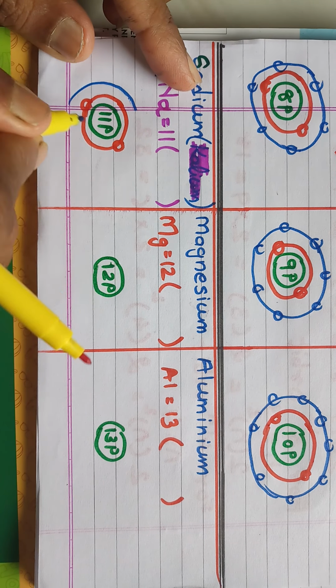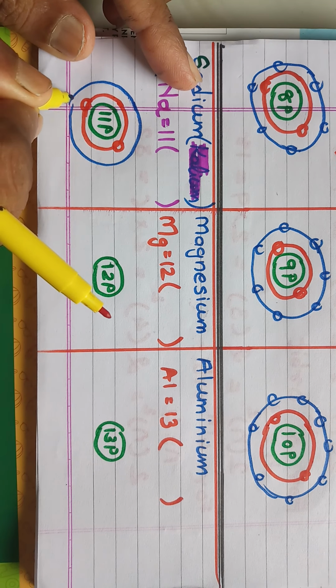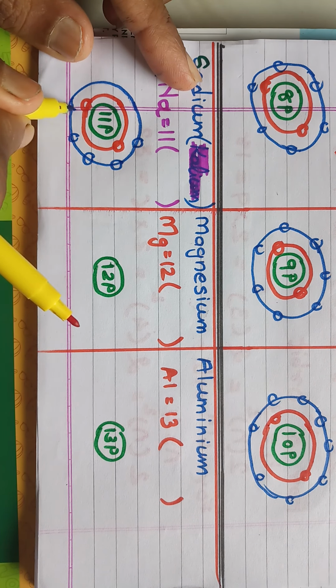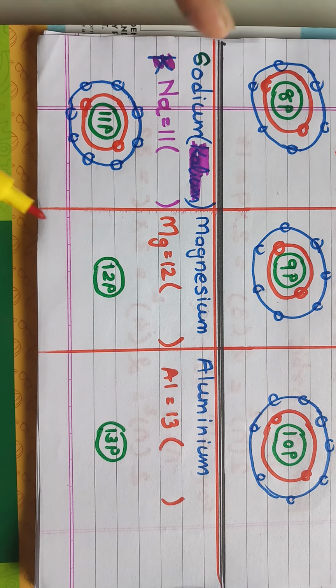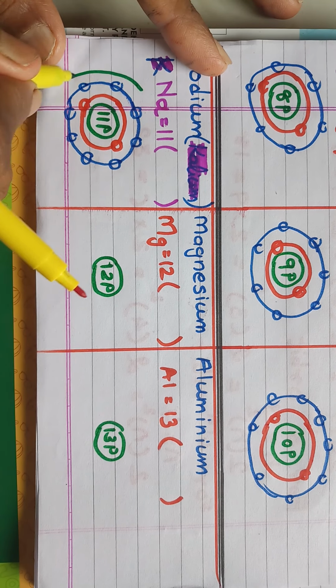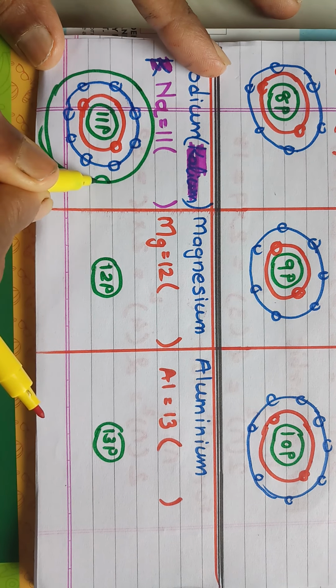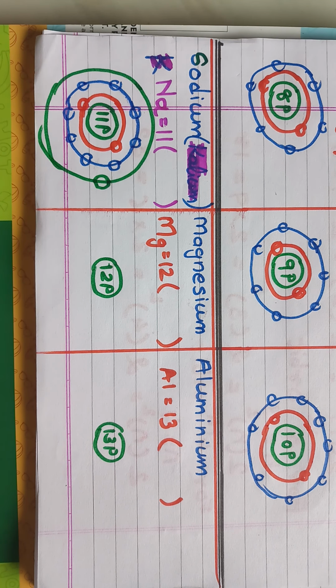So out of 9, the second orbit occupies 8 electrons, and the remaining 1 electron is occupied by the third orbit. So the third orbit contains only 1 electron.